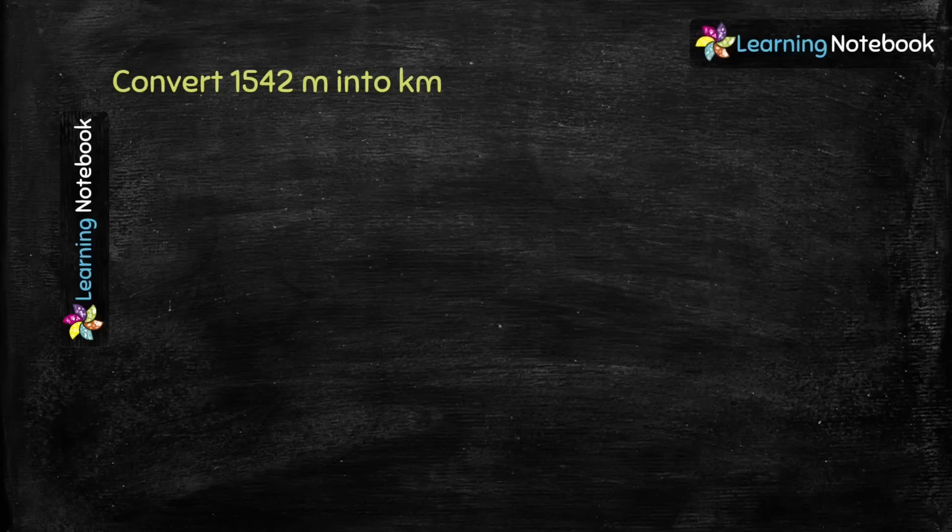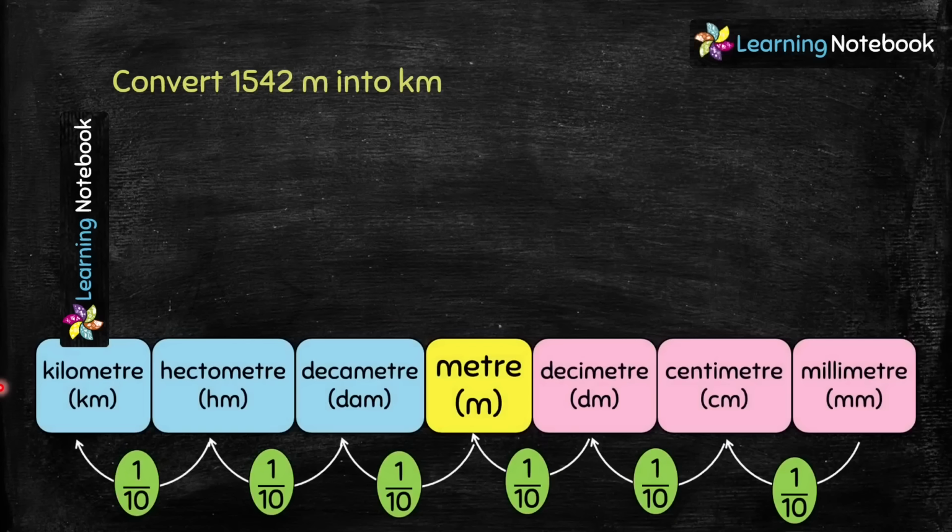Next question is convert 1542 meters into kilometers. Students, till now we were doing questions on conversion of higher units into lower units. Now let's do questions to convert lower units into higher units. So here let's again refer to the diagram and see how many times do we need to jump from meter to kilometers. 1, 2, 3.